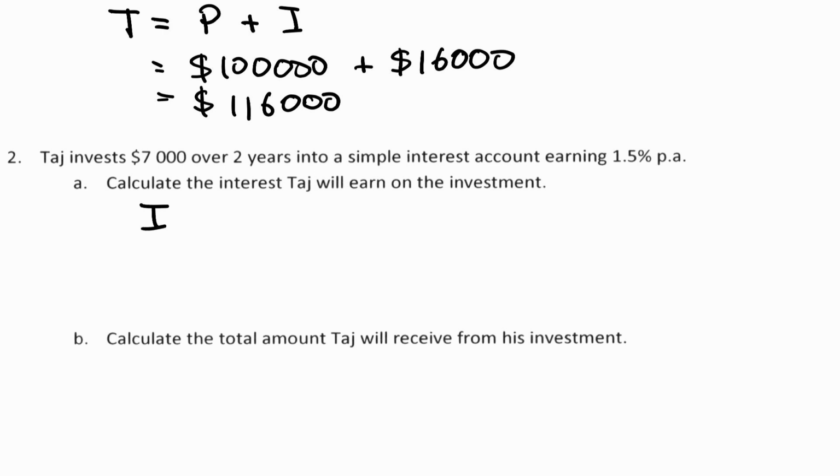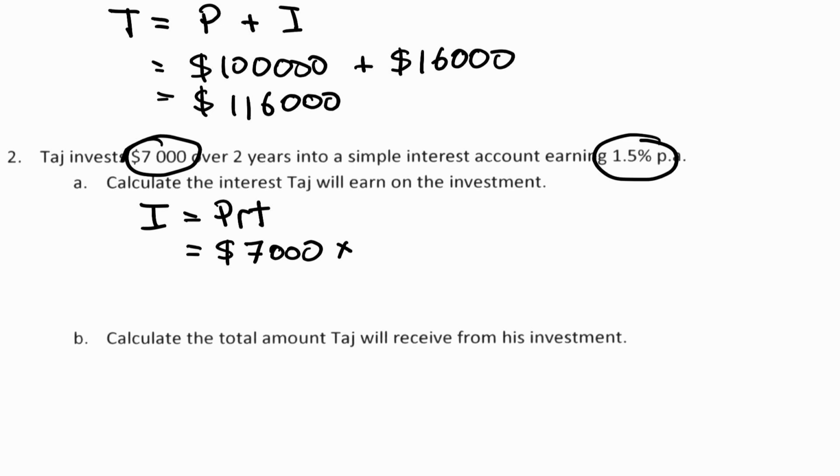All right, Taj invests 7,000 over 2 years, earning 1.5% in simple interest. So simple interest means that we start with the I equals PRT formula. The principal is $7,000. The rate is 1.5%, which we write as 1.5 over 100. And then the time is 2 years.